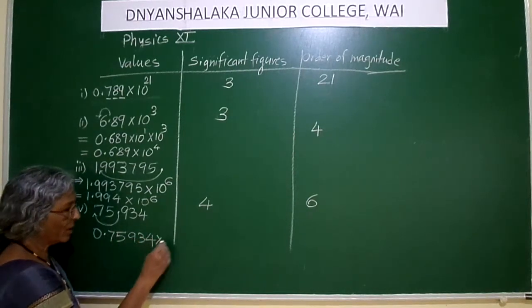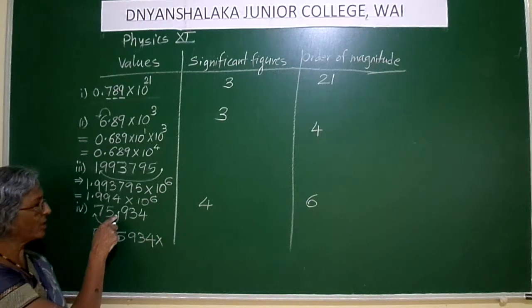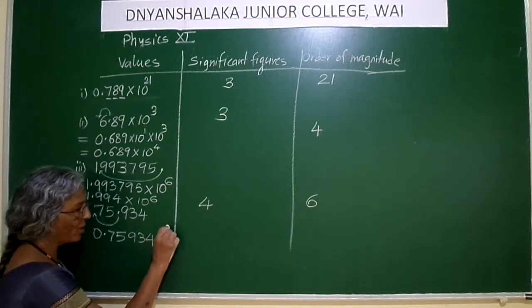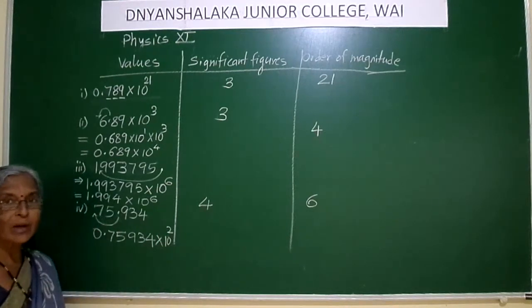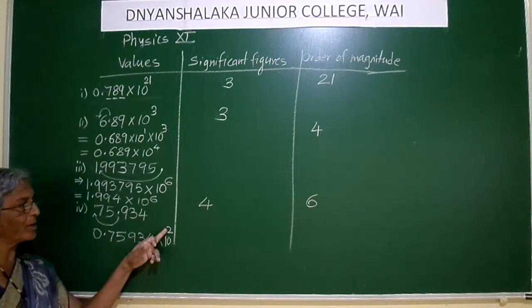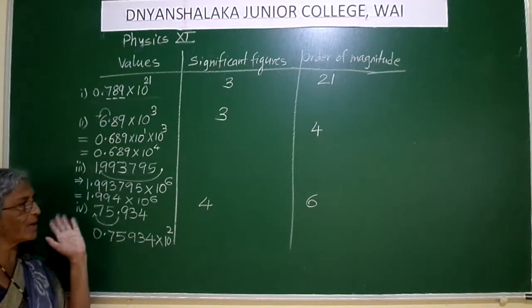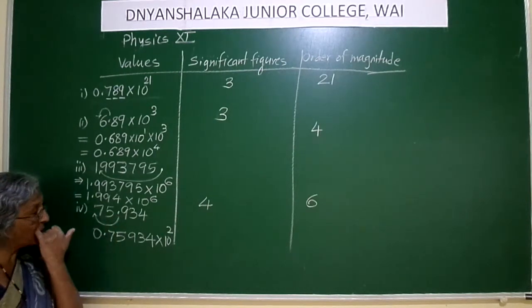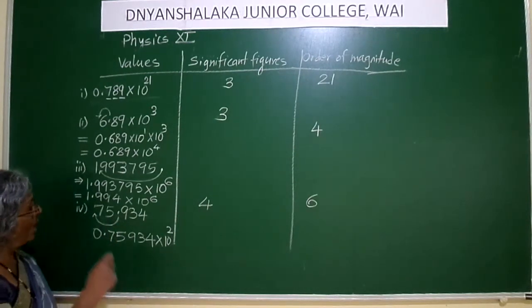Into how many digits have I shifted the decimal point? From here to here, 2 digits, which means 10 raised to how much will come? 2. When you shift the decimal point from right to left, multiply it by the power of 10 which is positive, and the other way negative. So from here to here it becomes 10 raised to 2.